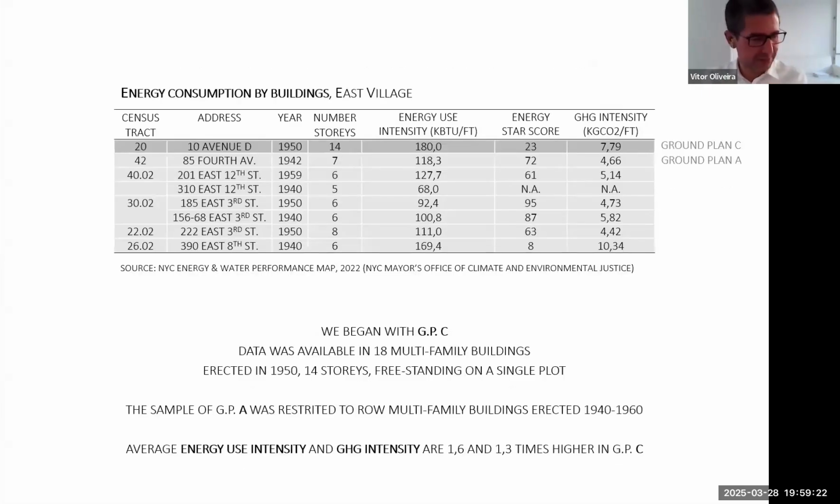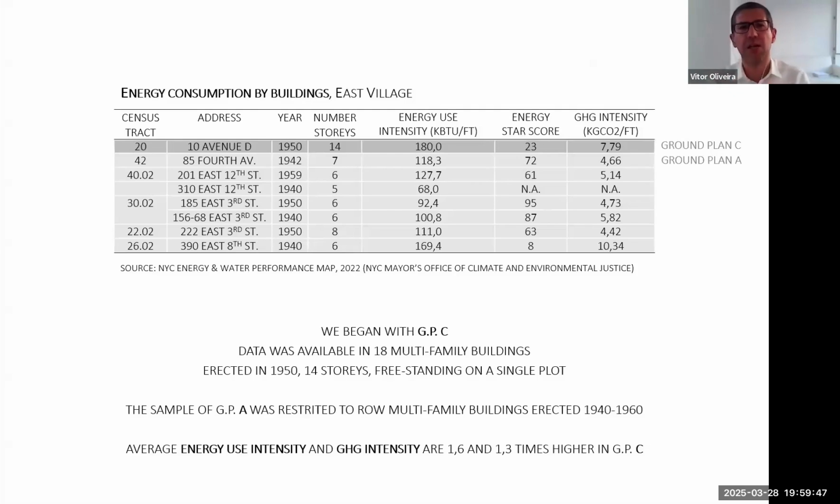As you can imagine, the data on energy consumption is very hard to find, so we had to analyze what we could receive, and the samples for the 5 case studies were not very high, I have to say.